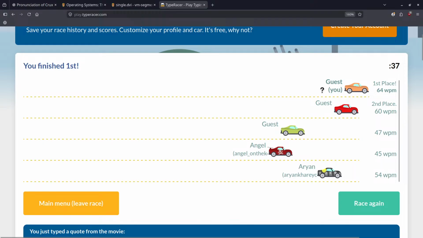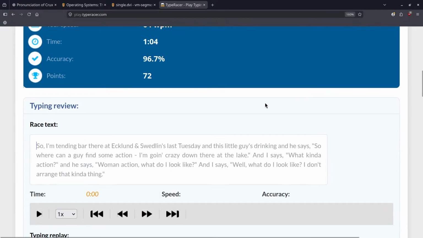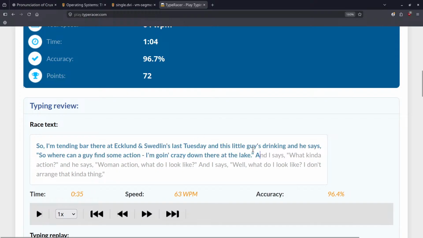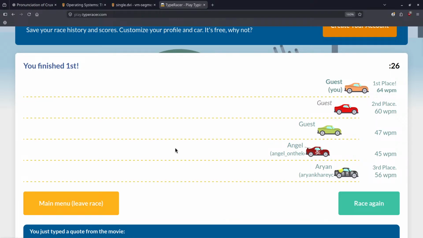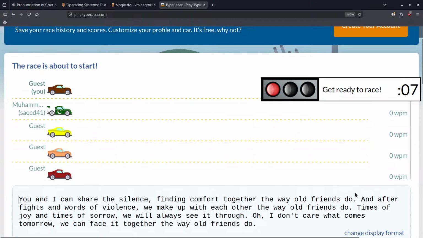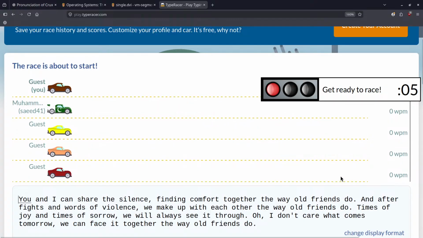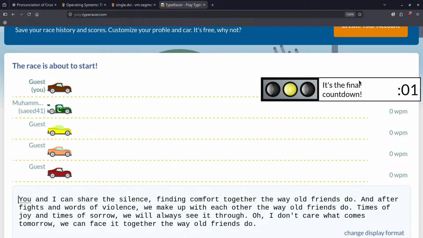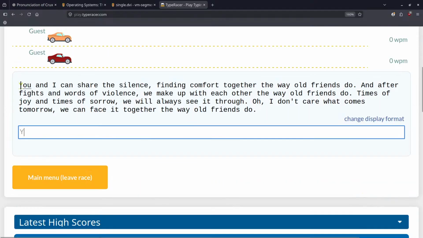The first place also. Race again. I think this is going to be good. Very familiar words.